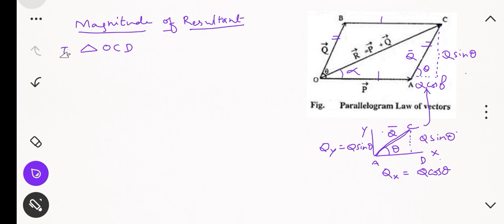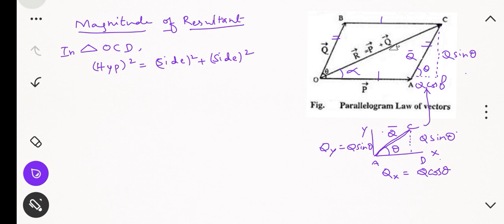In triangle OCD, by applying Pythagoras law, we get hypotenuse square is equal to side square plus side square.